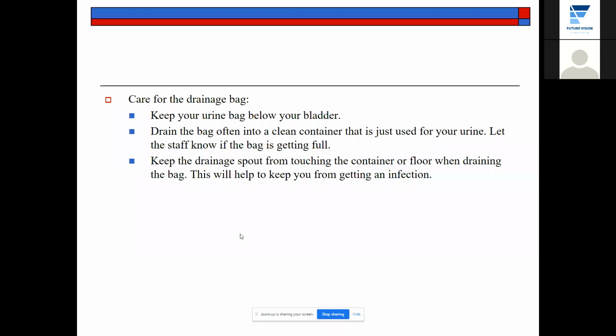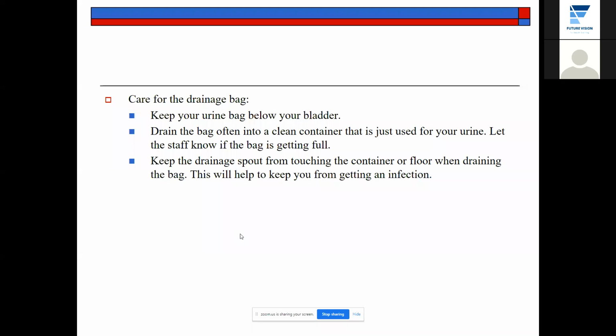Also, always we need to keep the urine bag below the bladder. Why do we always put the urine bag below the bladder? Why do we need to keep the urine bag below the bladder? To collect urine easily, excellent.